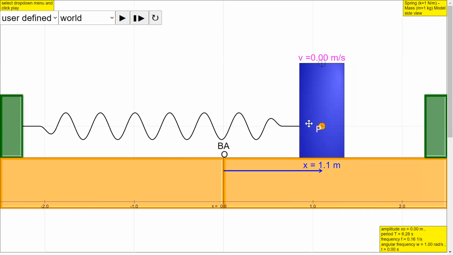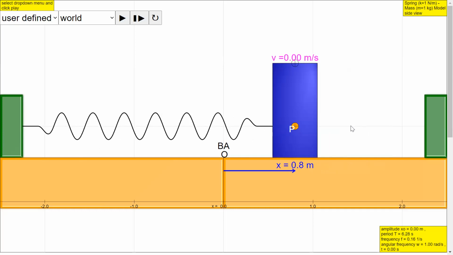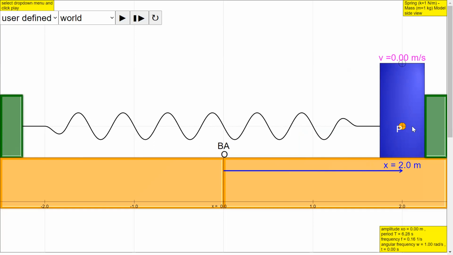In this illustration, let's move this body to 2 meters to the right.